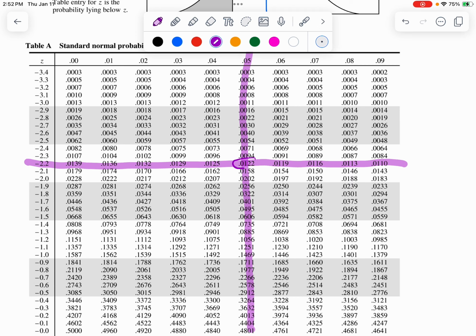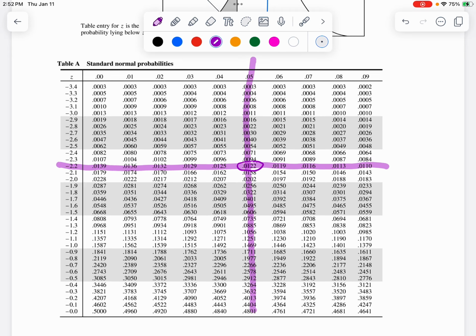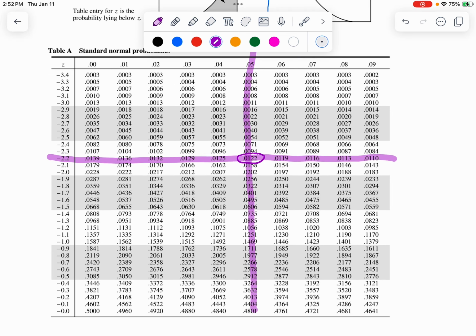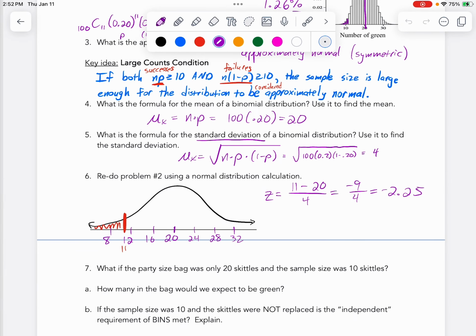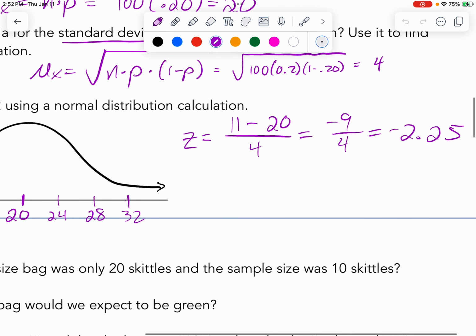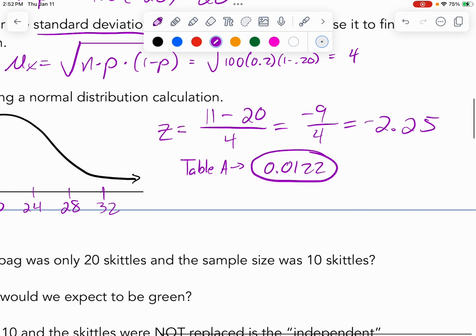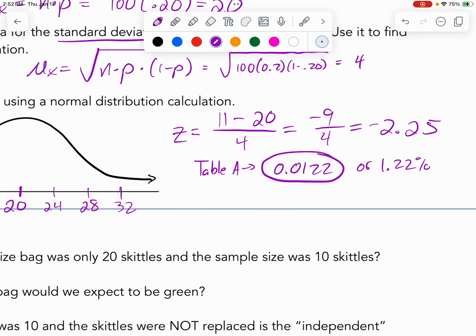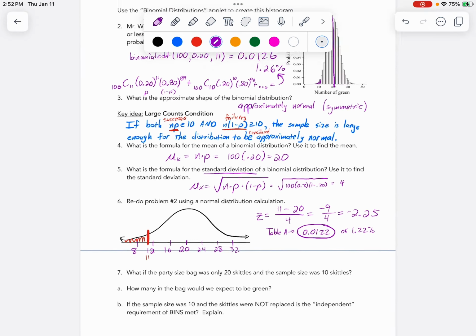So we've got 0.0122, which is almost exactly what we had, right? So table A gives us 0.0122, or 1.22%, which, look how close that is, folks, right?